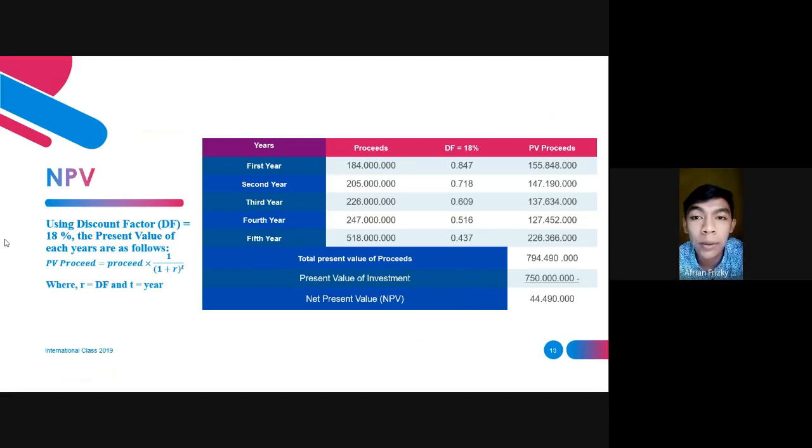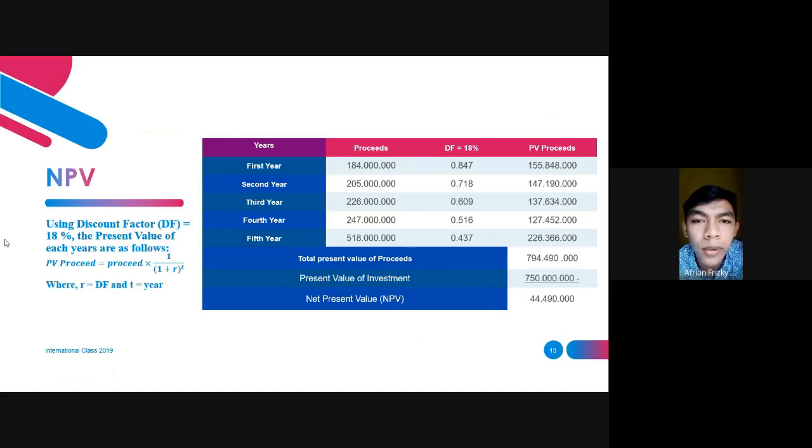Then we calculate the PV proceeds using the proceeds for the first year times the DF, that is 0.847, and we get the PV proceeds for the first year is 155 million and 848,000 rupiah. And for the second, third, fourth, and fifth years, the way is the same.